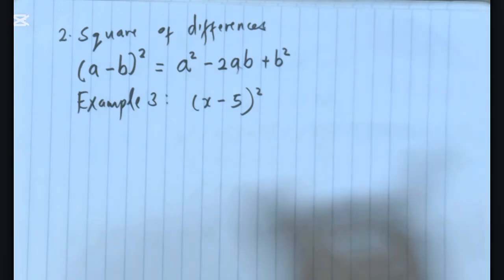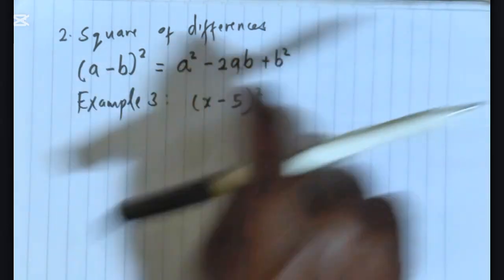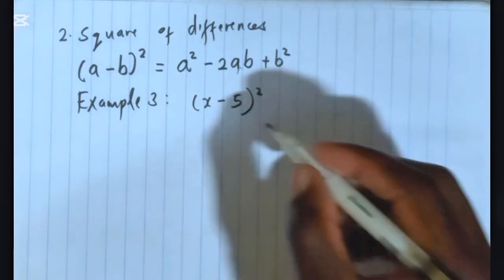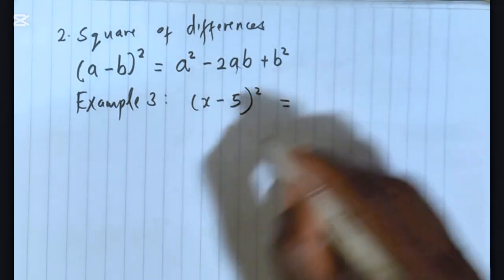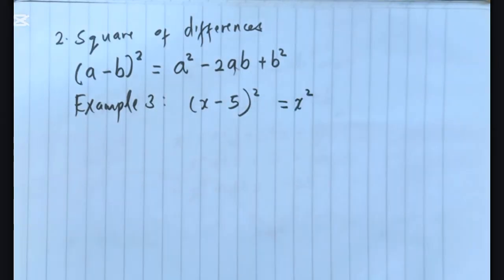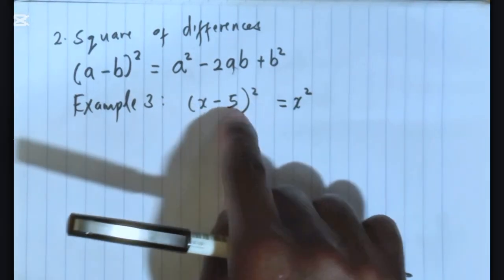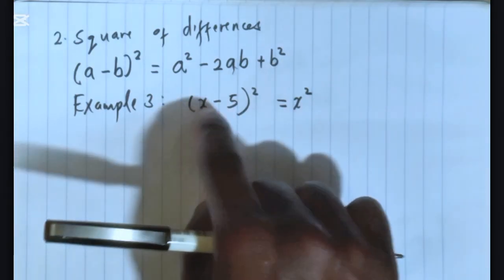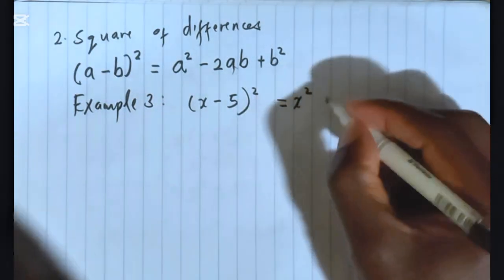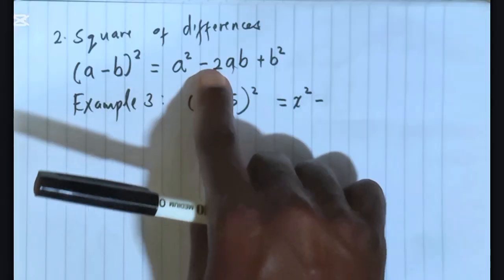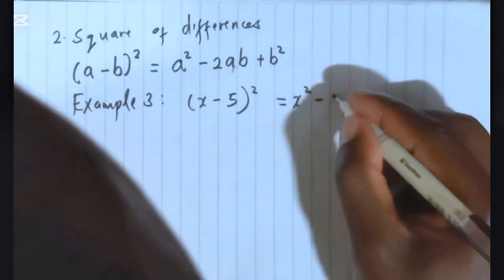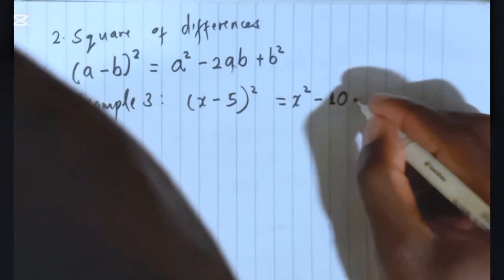And so when you have this particular scenario, it becomes easy to tell what the answer will be just by looking at this general formula of the square of differences. So we expect that this will basically be the square of x, that is x squared, plus the product of these two, that is x times negative 5, which will be negative 5x, times 2. So negative 5x times 2 will give us negative 10x.